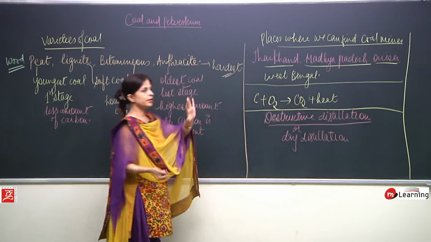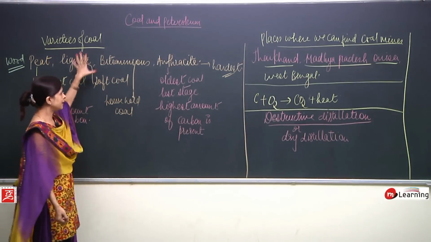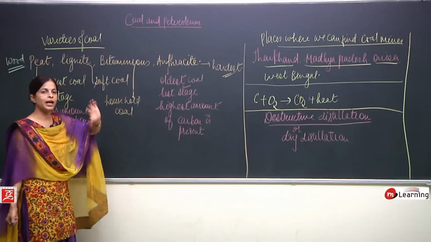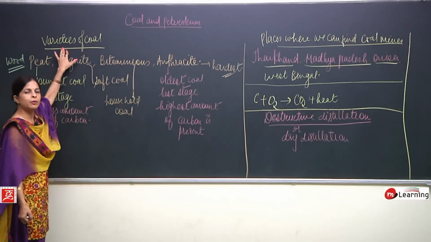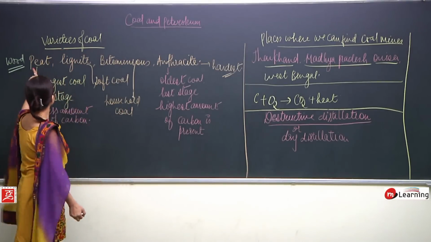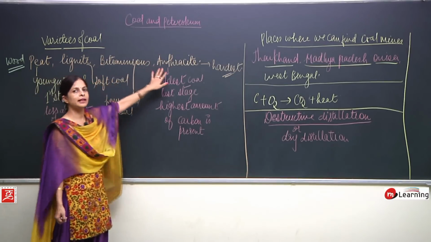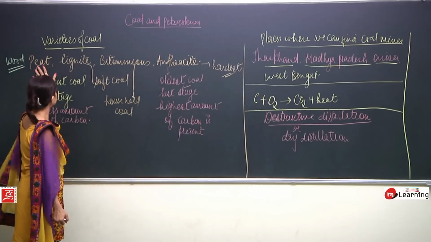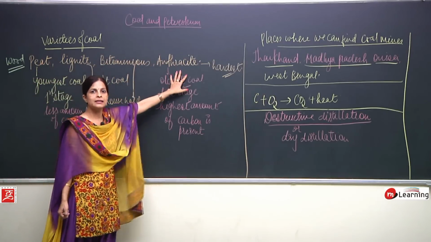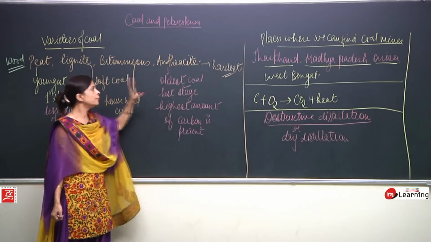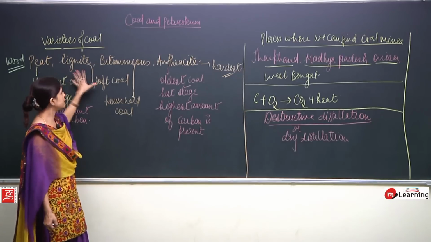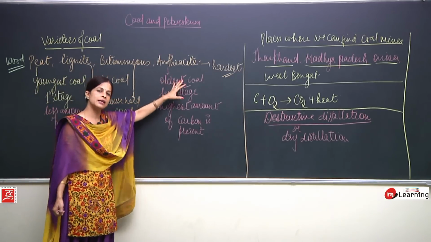Okay, see children, in today's lecture we have read about the varieties of coal: wood gets converted into peat, lignite, bituminous, anthracite. Peat is the youngest coal and anthracite is the oldest coal; the others are soft in comparison, and anthracite is the hardest coal.